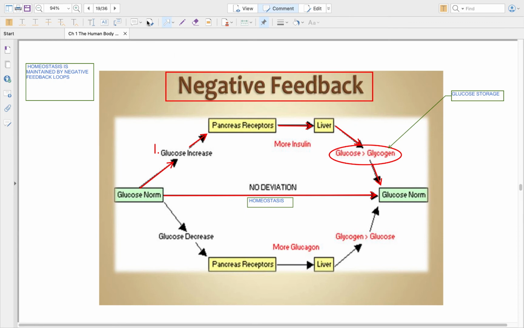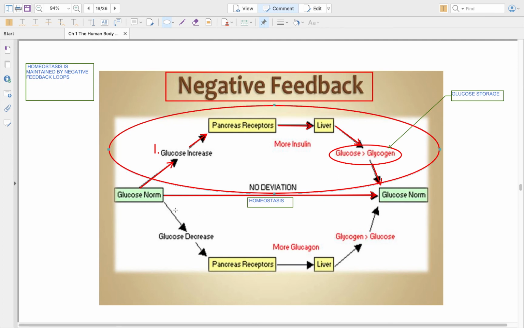Let me just clarify this again. Up here, this whole thing I just went through with you guys is a negative feedback loop. Now we have an entire negative feedback loop down here that is relative to what we've been discussing. So let's say that you haven't eaten in a while and your blood glucose starts to drop.